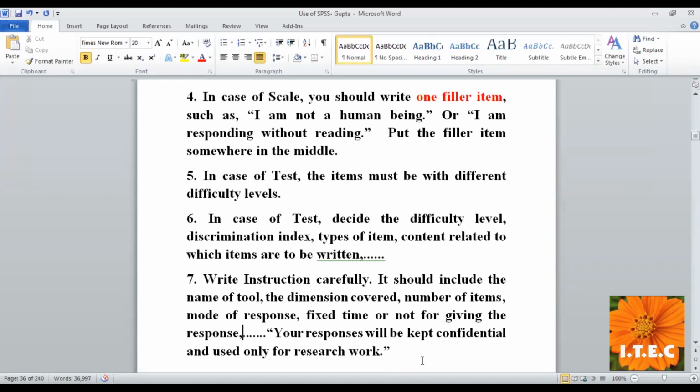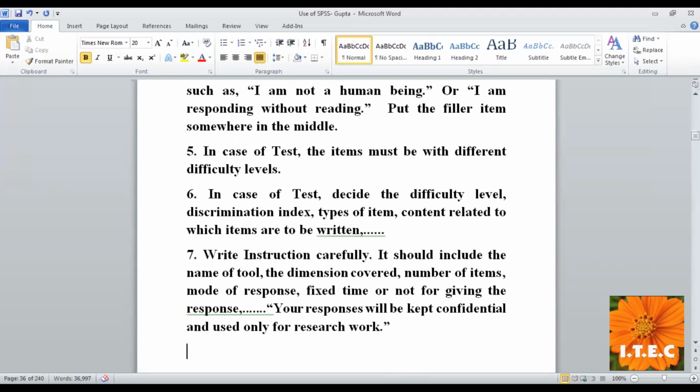And now once you have written the item, the next step is that you have to try out the item. Because after writing the items, you should try it out. Many times you might have seen in your own homes that when mother invites someone for lunch or dinner, when she is cooking, she tastes. That is the tryout.